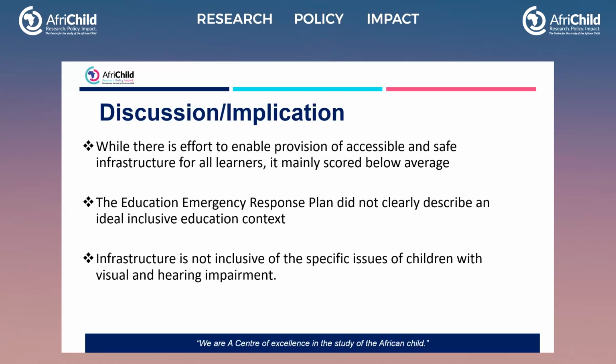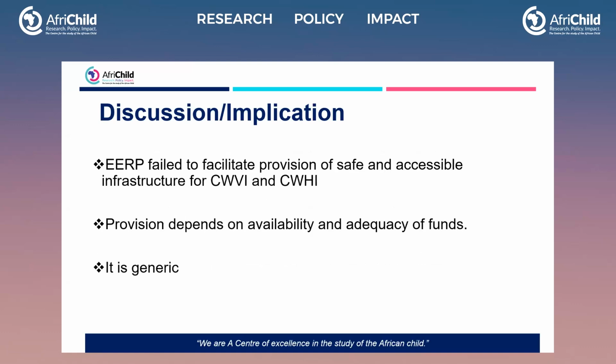Yes, we are talking of inclusive education, but not specific to the learners with those vision and hearing impairments. Still, the discussion indicates that the ERP failed to facilitate provision of safe and accessible infrastructure for children with visual and hearing impairment.